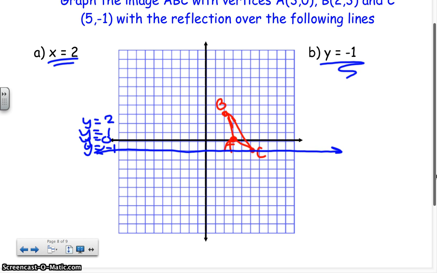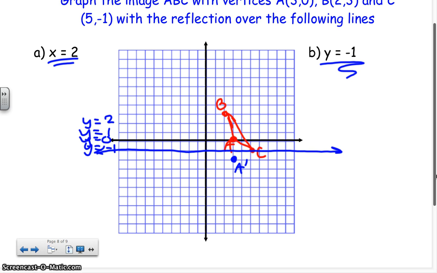If I reflect about this axis, again, reflection, I'm using my property that I'm equidistant. Well, no, let's do A first. A is 1 away, so A prime is going to be 1 away. B is 1, 2, 3, 4 away.